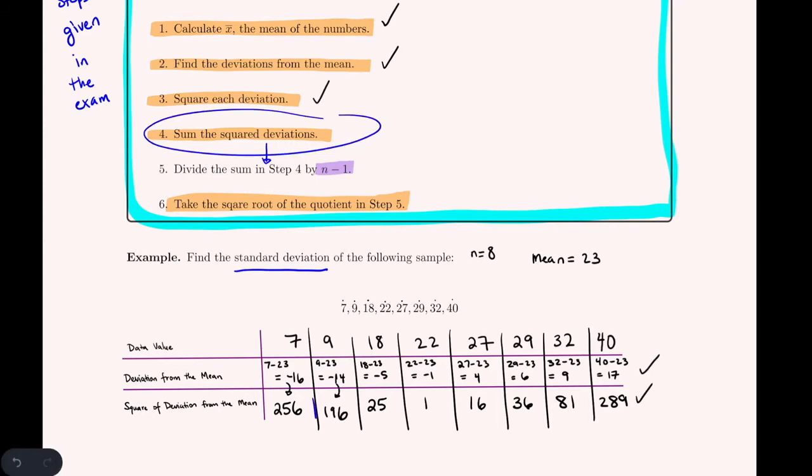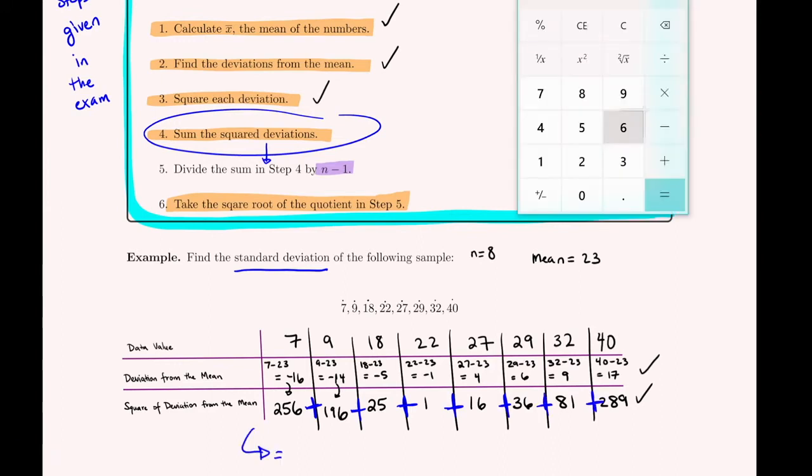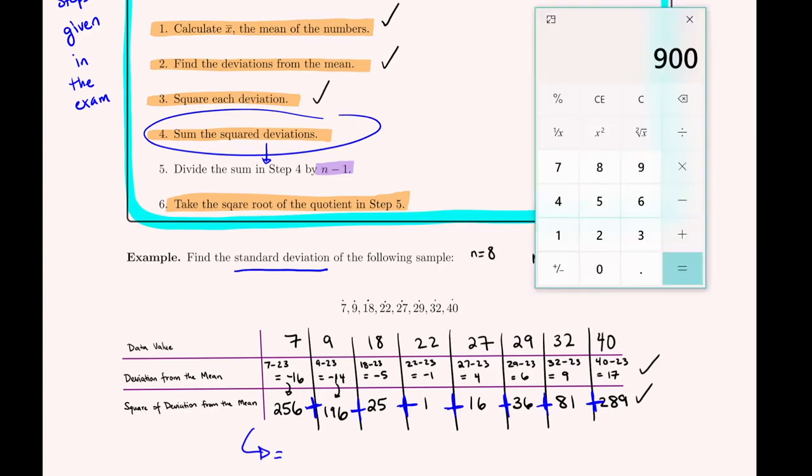So we will add together all of these numbers. So imagine writing in a plus for each of these. So let's add these numbers together in our calculator. And when we add all of these together, we get 900. So we're done with step 4.